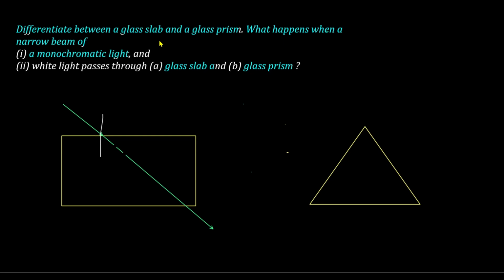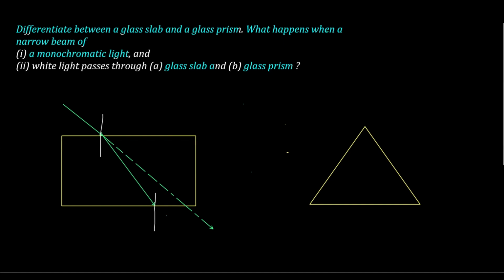So this dotted line indicates the produced part of the incident ray. But the ray will deviate towards the normal. And if I make a normal over here also, the emergent ray will come out from here, right?